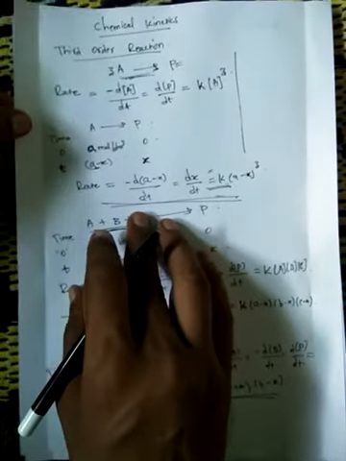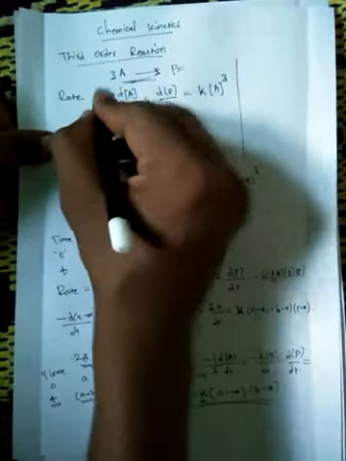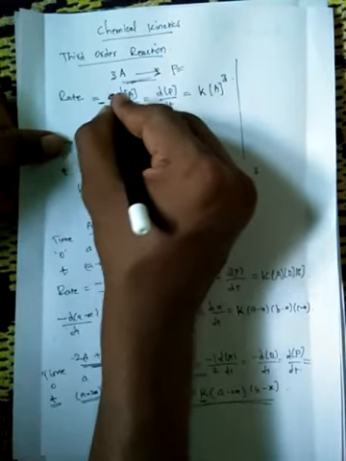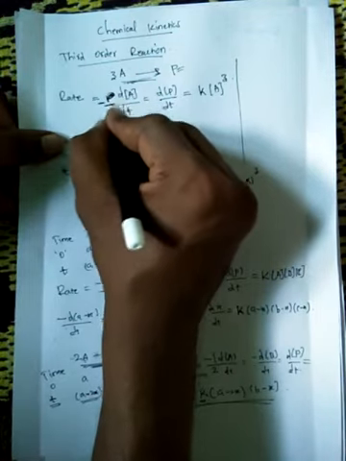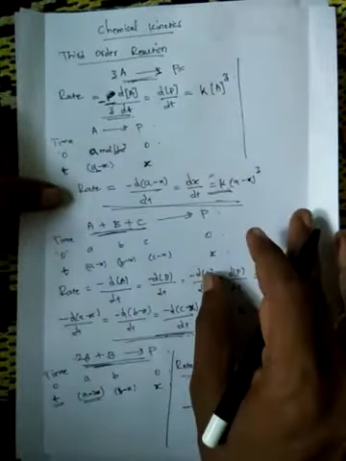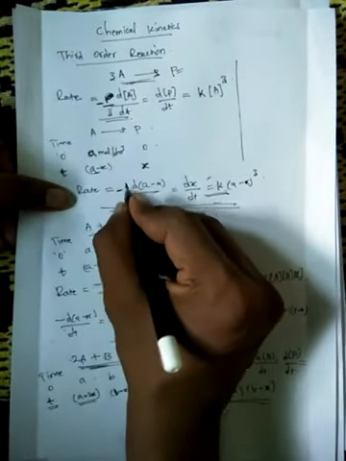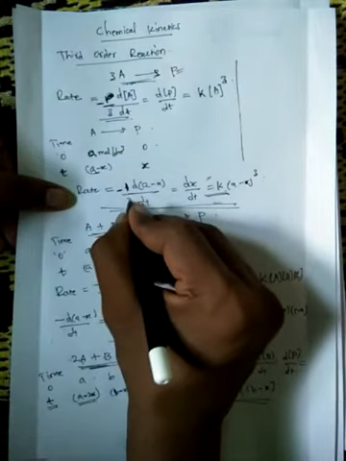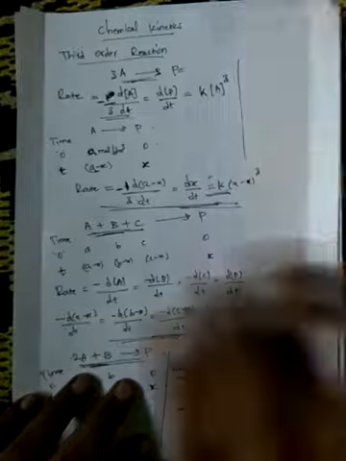Actually, the expression I was supposed to write is 1 by 3. This is the right expression for rate. So here also I would have written 1 by 3.